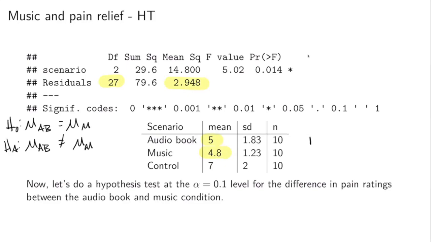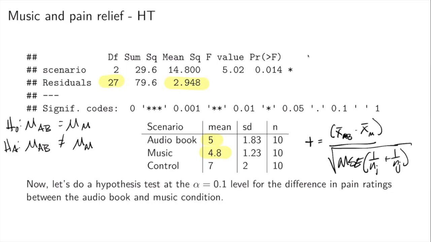And we're going to find t equal to x bar audiobook minus x bar music over the standard error, which is the square root of MSE times 1 over n sub i plus 1 over n sub j.